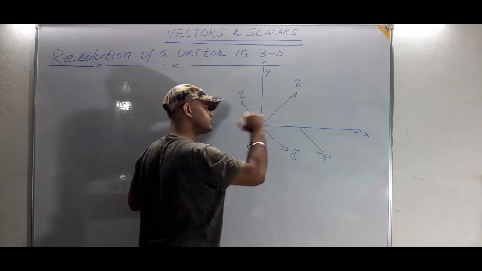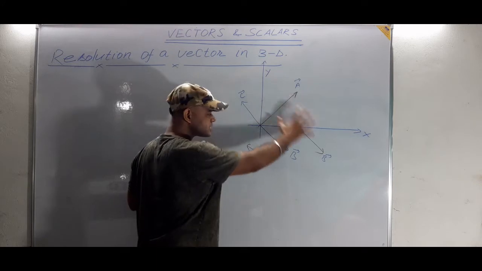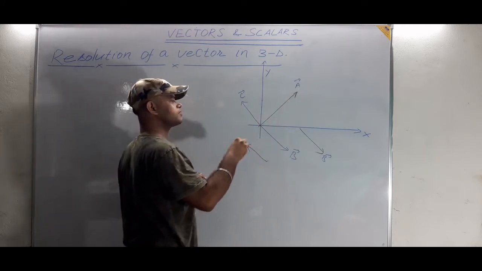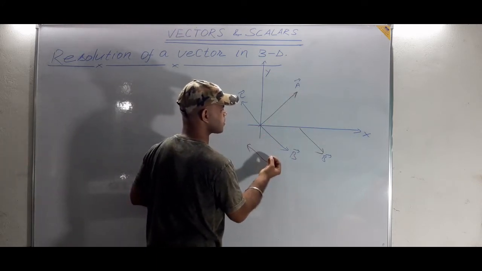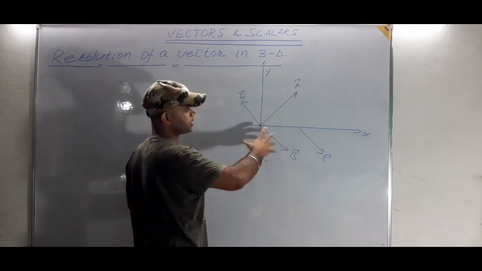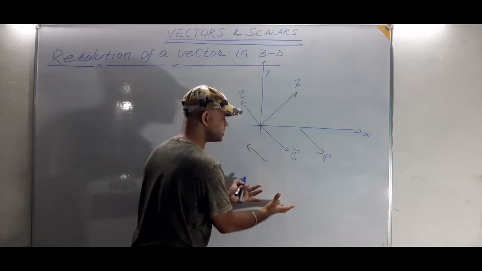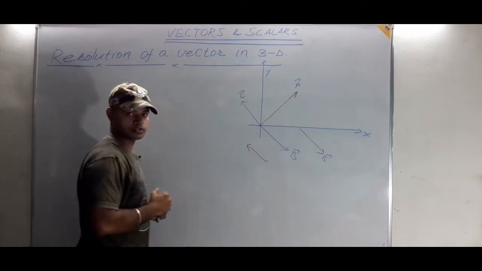Whatever their orientation or magnitude, as long as they lie in the same plane, it's very convenient for us to take their components just by drawing 2 lines perpendicular to each other, and all the vectors in this plane can be easily resolved.